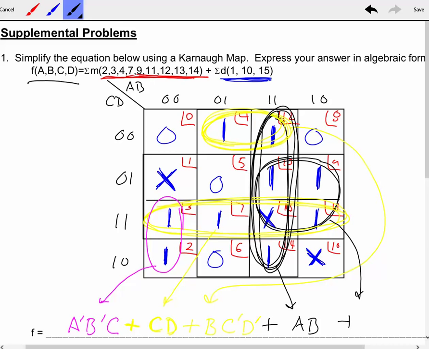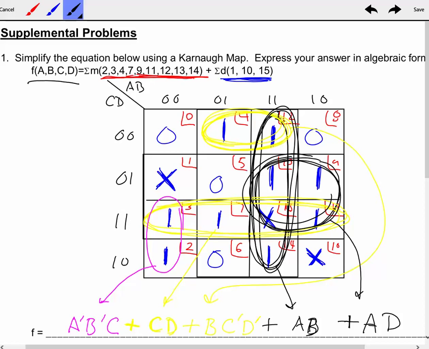They have a value of 1 in all 4 of those cells, so we leave them unprimed in our equation. And lastly, we can see down here for this group of 4 that A stays high and D stays high over here.